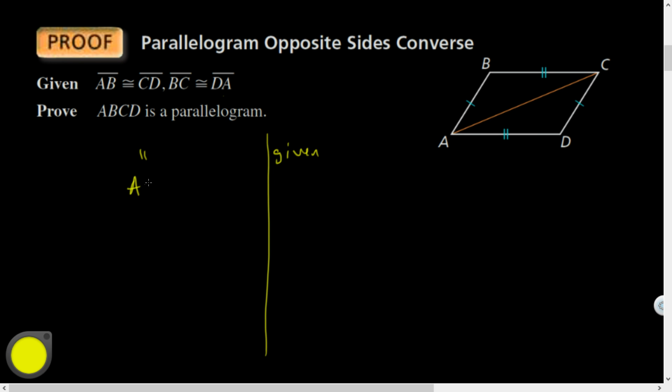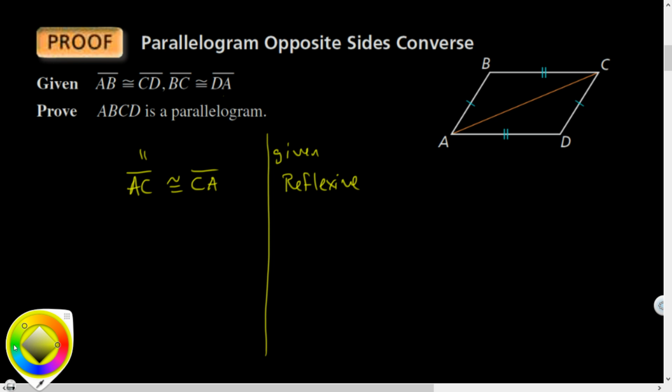AC is reflexive. Okay, AC is congruent to CA. I'll flip it because these two triangles are rotated about one another. I'm guessing the direction you're going to go is proving that these two little triangles are congruent.